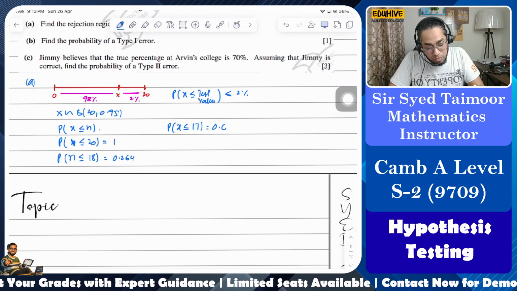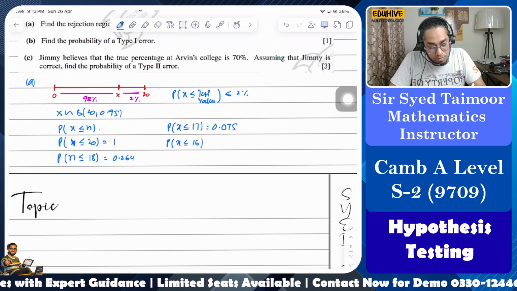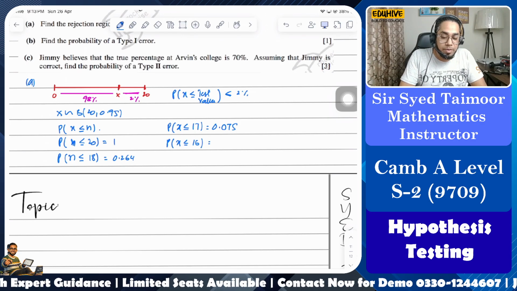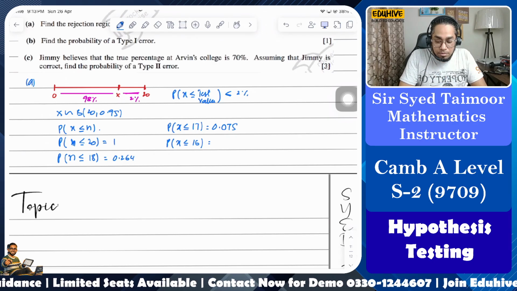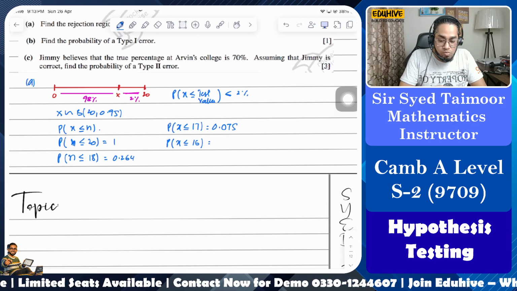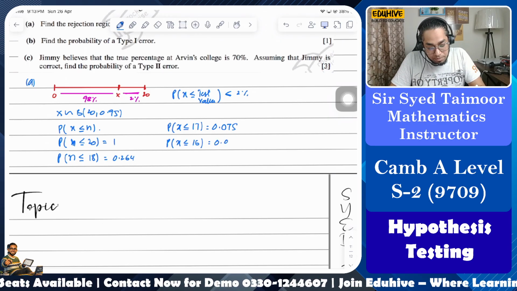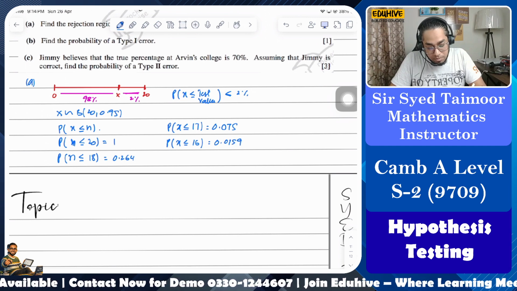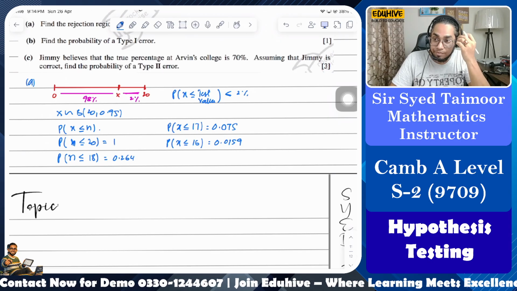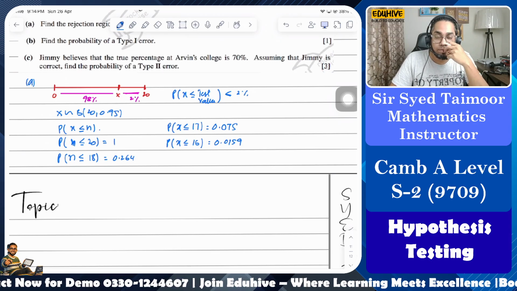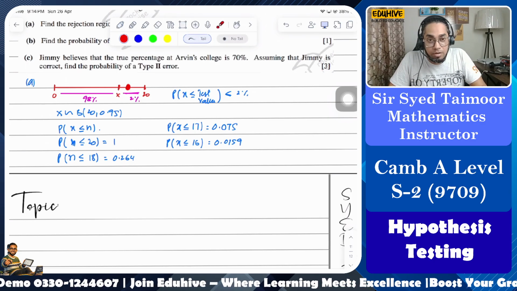Almost close, 0.075. Keep going until you get the probability less than 2%, less than 0.02. I got 16. 17 is out of that; 17 must be over here.